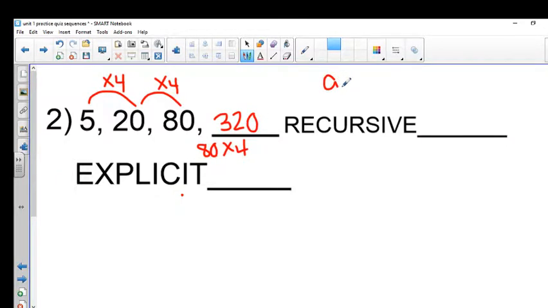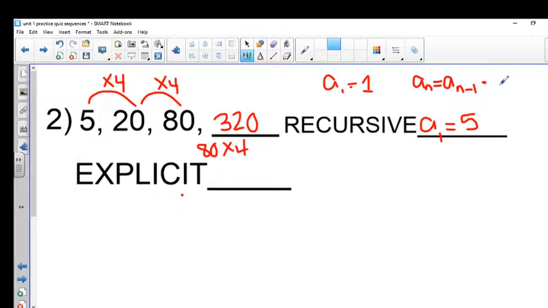Okay? So we're going to come here with our recursive. We're going to first find A1, which everybody should know is the first term. So look over here. Our first term is 5. So we write A1 equals 5. Okay, now we got our formula. An equals A n minus 1. And this time we know it has to be times because we were timing. So it doesn't matter.